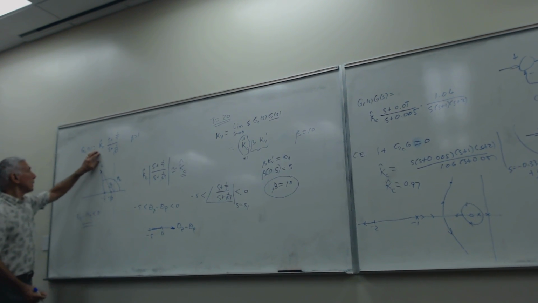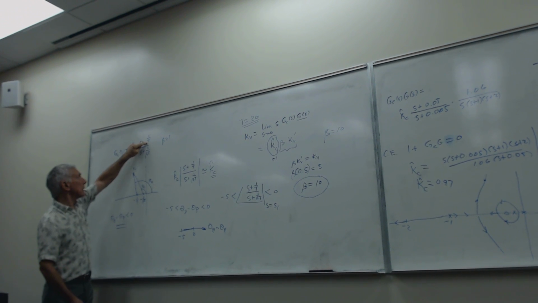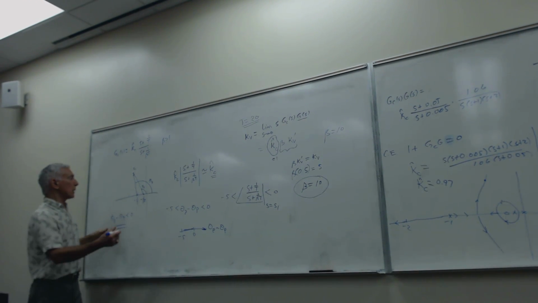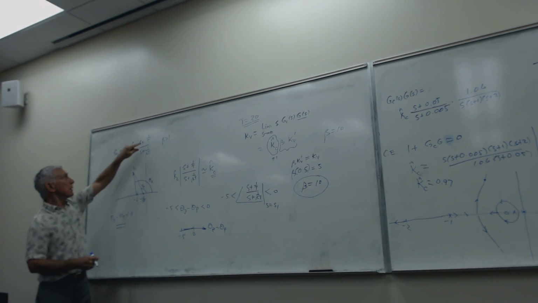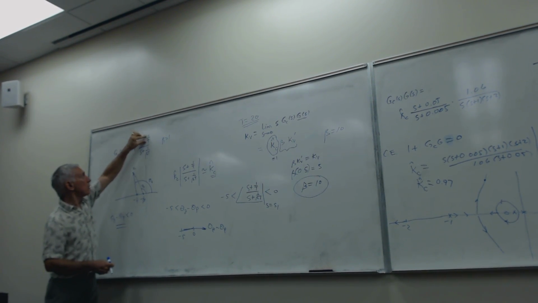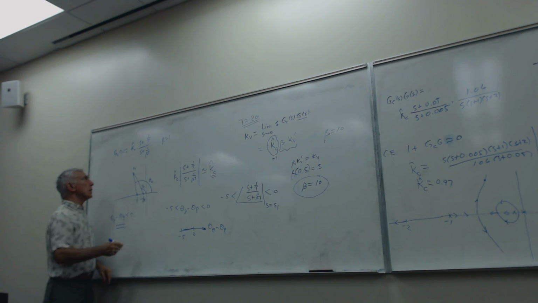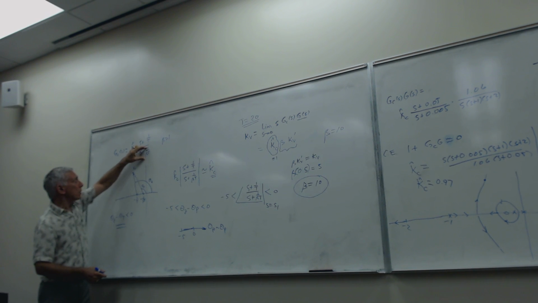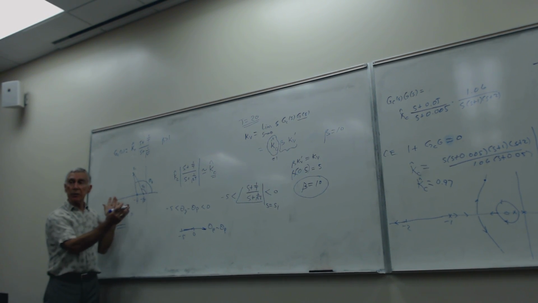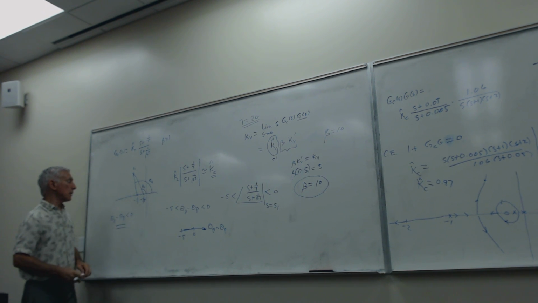We know that in the compensated design, we choose T to be quite large, very close to the pole, so that the zero will be quite small, close to the origin, and 1 over beta T with beta greater than 1 will be even smaller, in this case a factor of 10 smaller. So if this is 0.05, then that's 0.005.